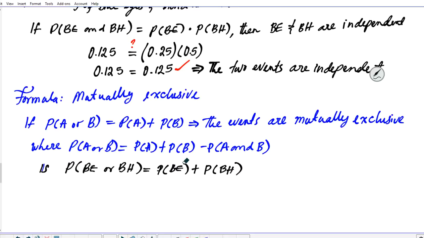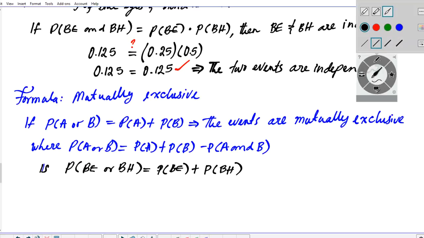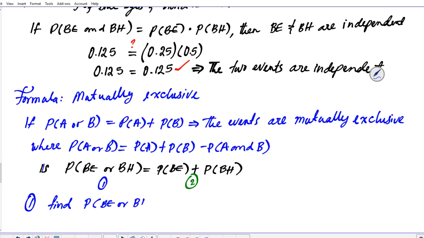If this is true, then the events are mutually exclusive. If not, then they're not. Okay, so let's start with the first part. So we're going to break it up. Okay, we'll do part 1 and then part 2, and then we'll equate them and see if they're equal to each other. So that's 1 and then that's 2. Alright, so let's start with 1. We want to find the probability of blue eyes or blonde hair.